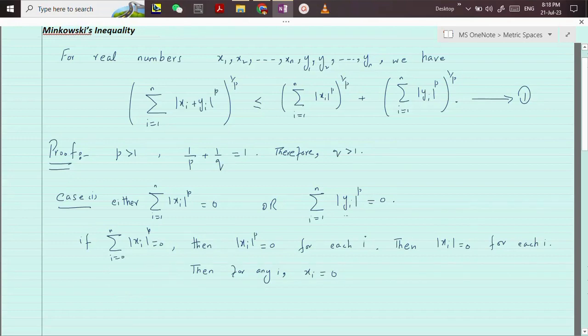Similarly, when we have this condition, the inequality is satisfied by alternate arguments. So you can do it.